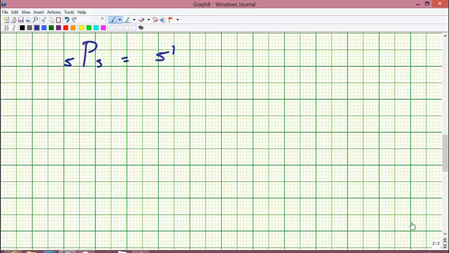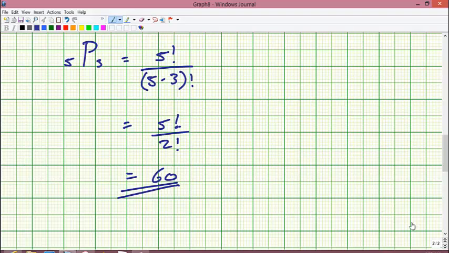So this would be 5 factorial over (5 minus 3) factorial, which is 5 factorial divided by 2 factorial. Do that calculation. And that gives us a total of 60.